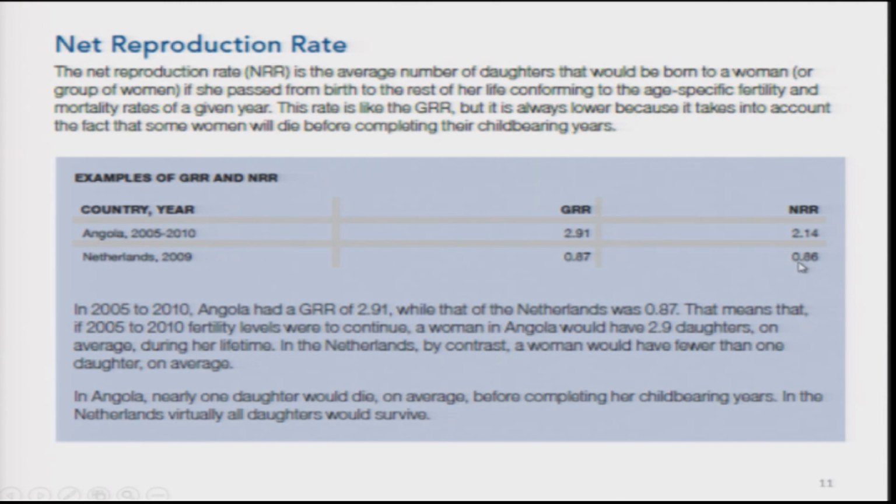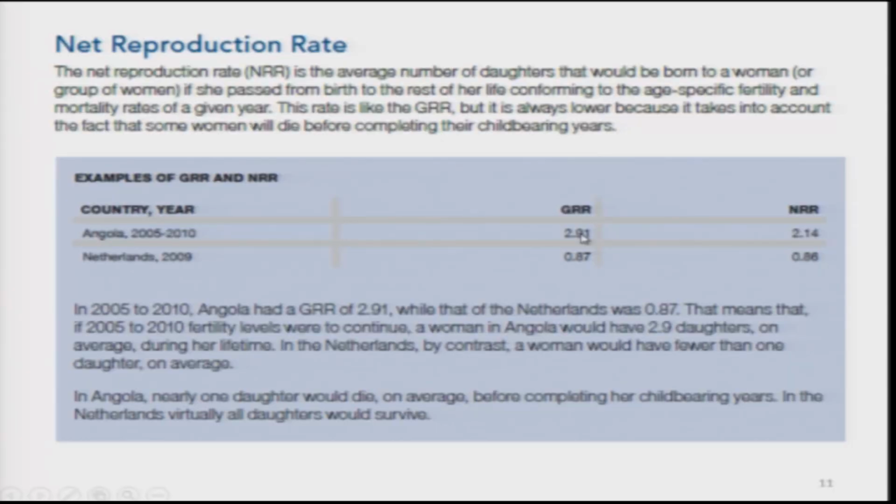The reason is that the mortality among women in the reproductive ages is rather low. There is more difference in Angola 2005 to 10 between GRR and NRR, and that is due to high mortality in the childbearing years.